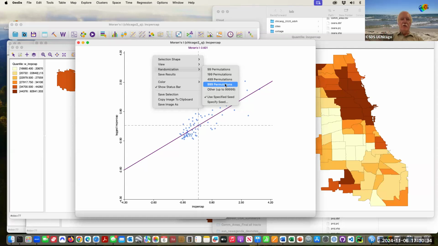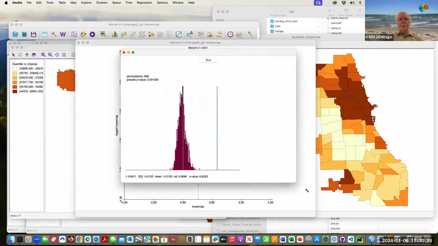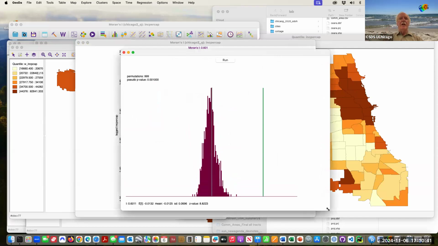So you click on this. This is a histogram of the 999 shuffled Moran's I's. And what we see is that our green bar, the one that we just computed, is nowhere near this distribution. If you ask any reasonable person, is this a Moran's I that could come out of a spatially random distribution? You would say no.